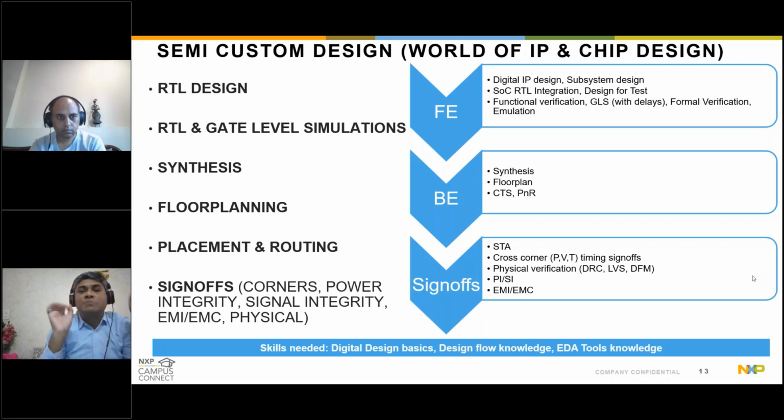So PVT variations may happen. But how do you ensure that your design does not work only in the typical condition, but also in the corner cases? That is about cross-corner timing sign-offs and other sign-offs as well.